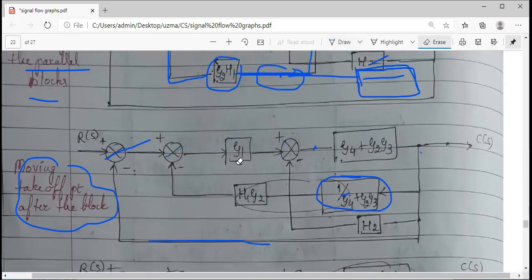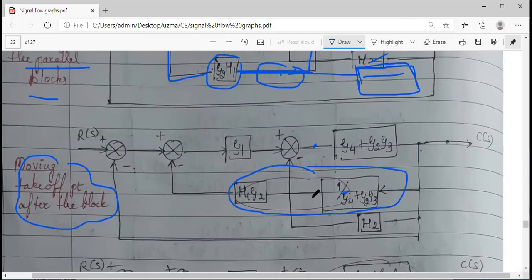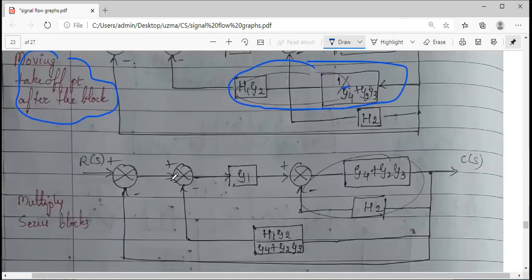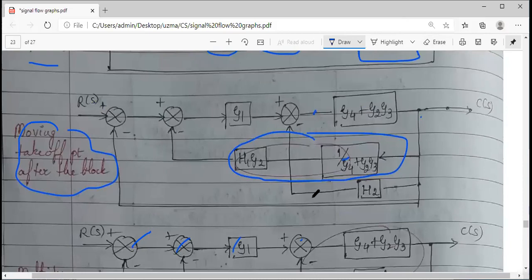So this is the next rule which I have applied. Further, what else can you see? I have marked here: these two are in series. These two blocks, you simply multiply them. Series, multiplication; parallel, addition. So these two are in series. Simply multiply them. Remaining all terms I have written as it is.